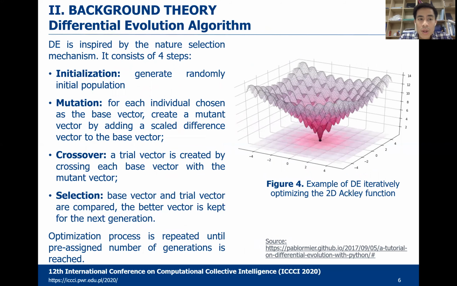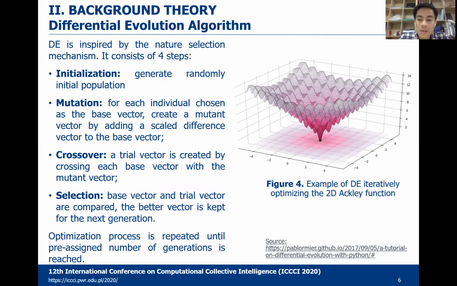So, what is differential evolution? The differential evolution algorithm is known as one of the most powerful evolutionary algorithms. It is designed based on the natural selection mechanism with four basic steps including initialization, mutation, crossover, and selection.